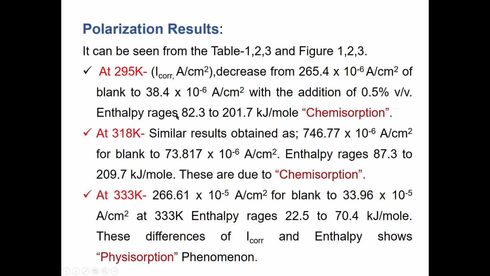If you look into the results of the polarization, at 295 Kelvin, the I corr value decreases from 265.4 times 10 to the minus 6 ampere per centimeter square for the blank to 38.4 times 10 to the minus 6 ampere per centimeter square. So this is a significant decrease.